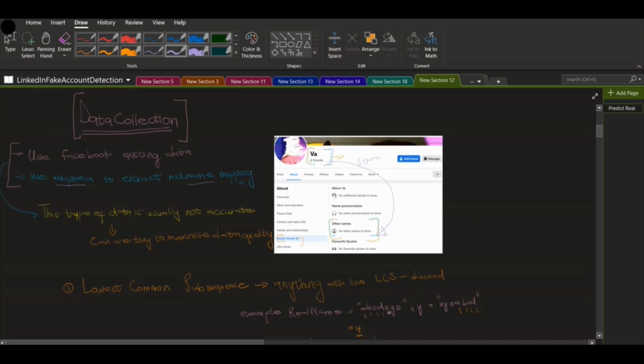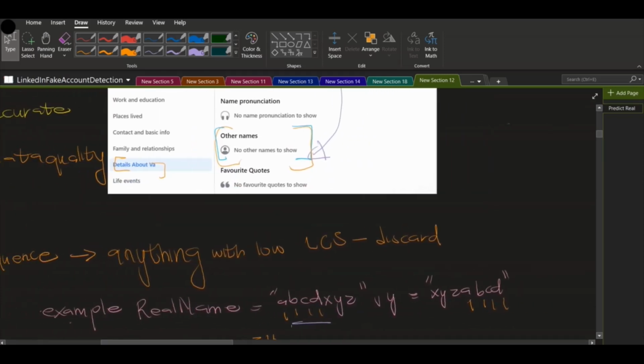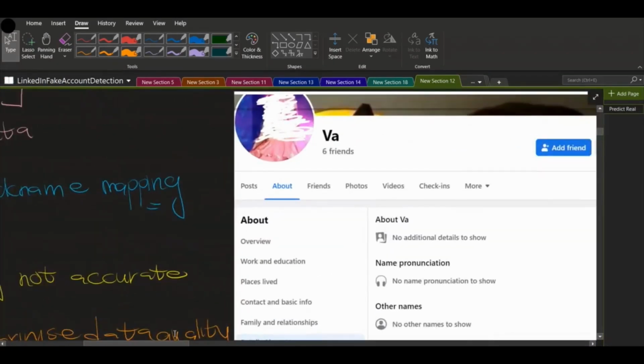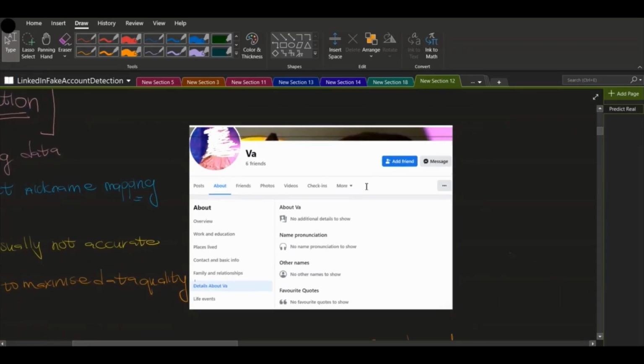But the point here is that if you're given a name like this, sorry guys, actually let me zoom in so that you can see. So now you can go to Facebook. What happens is that users can link other names.